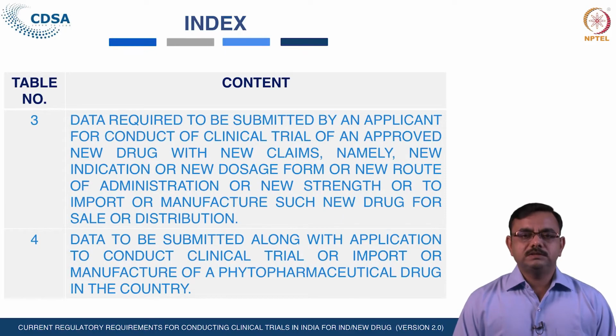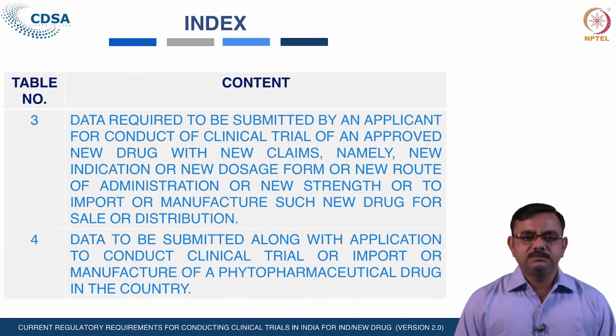Now moving towards table number 3. It is the data required to be submitted by an applicant for conduct of a clinical trial of an approved new drug with new claims, as I have mentioned, new dosage form, new route of administration and others, for the purpose of import or manufacture of such new drug for sale or distribution.